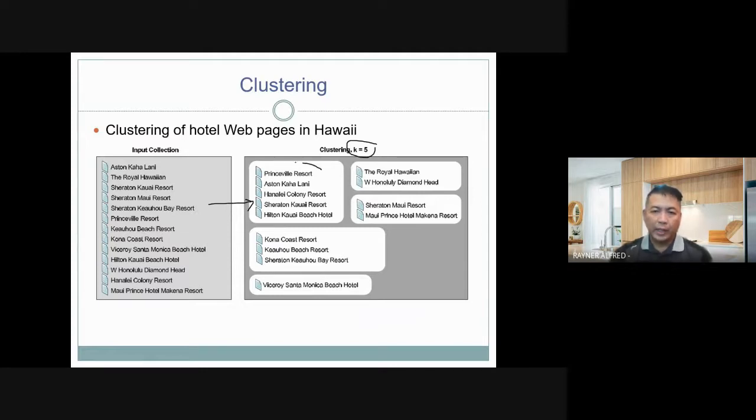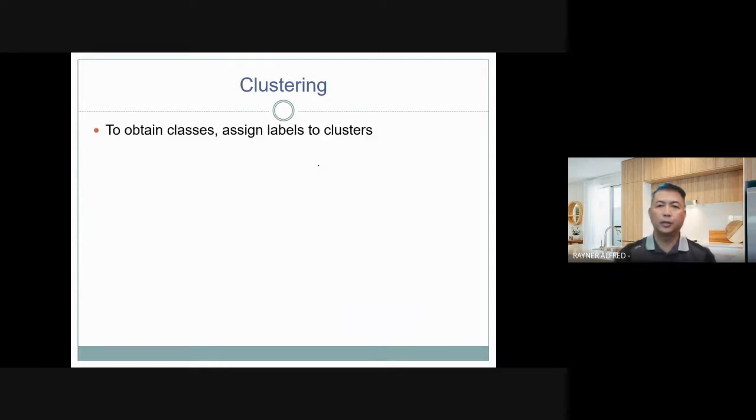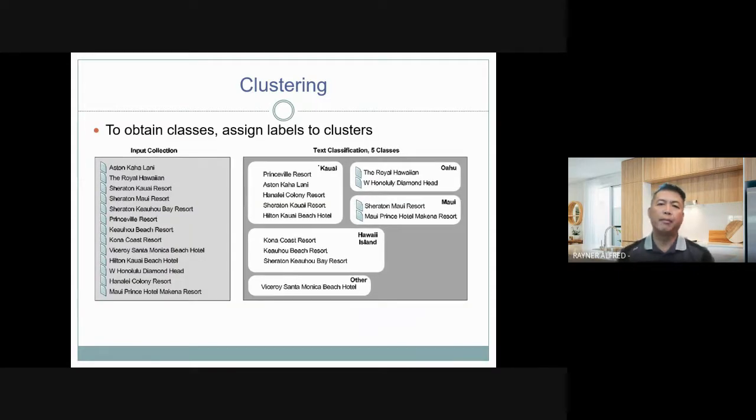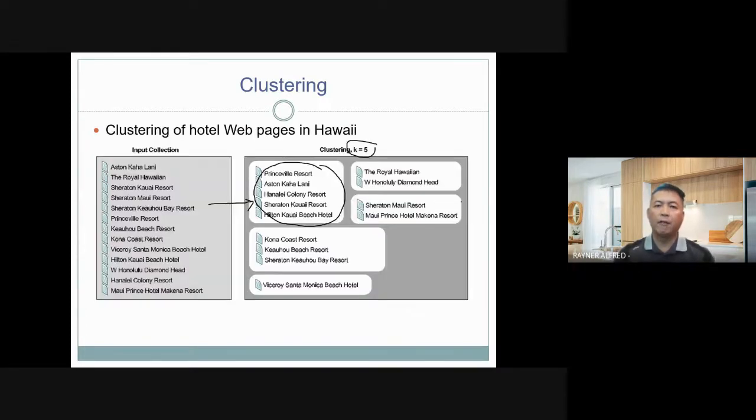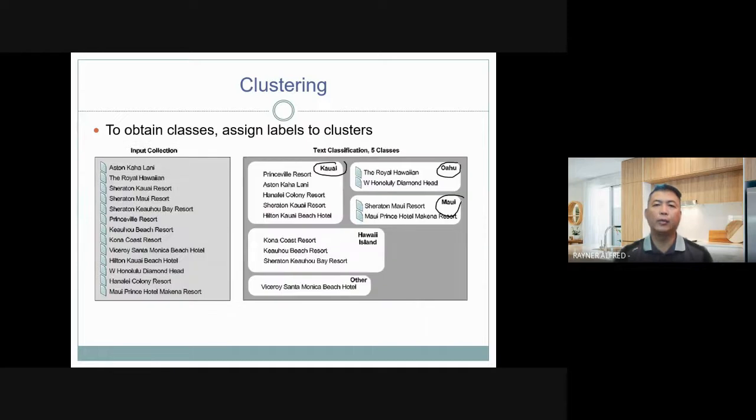Afterwards, we look at the content of these documents and find one term or one concept that can be used to represent that cluster, so we change them to names. Initially we have 5 clusters, then we find a keyword that can be used to represent each cluster, and then we call them 5 classes.